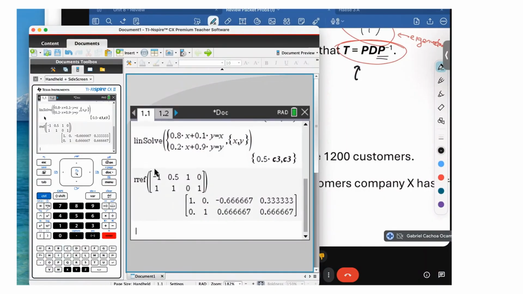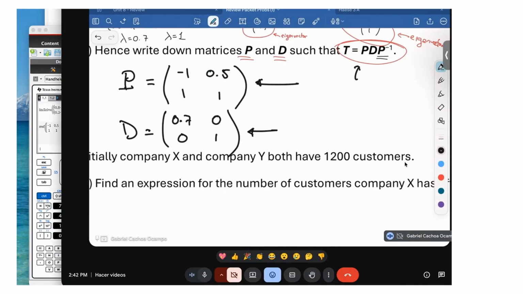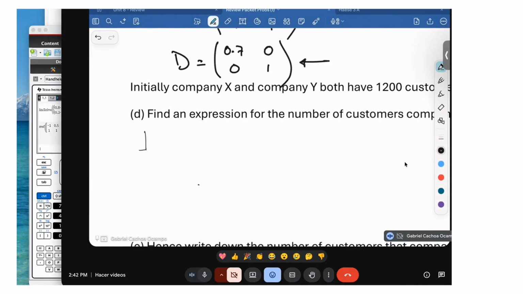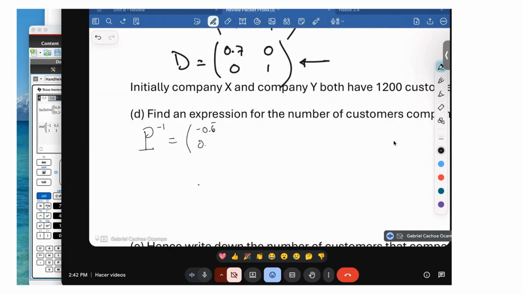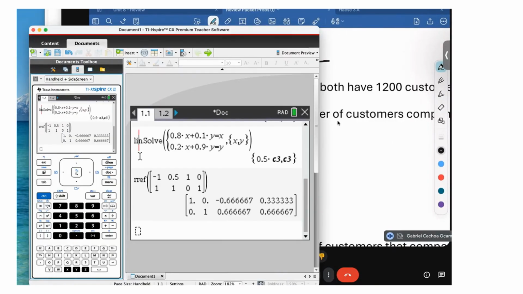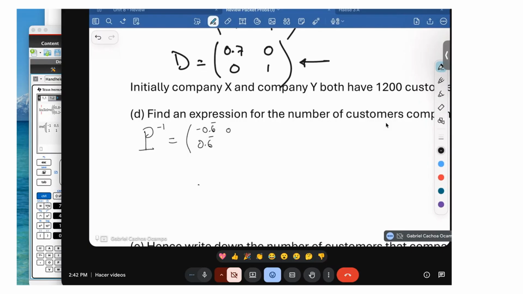So observe how the identity matrix was here, and now it's here. And so if here is matrix P, here is the inverse of P. This means that P inverse is the matrix negative 0.7, negative 0.6, 0.6, 0.3, 0.6.